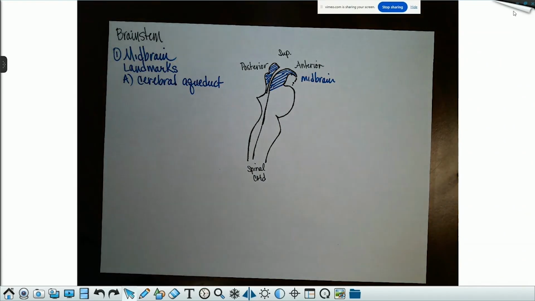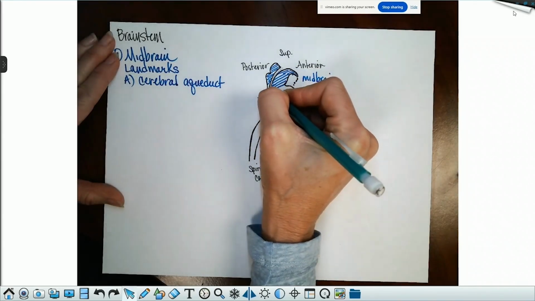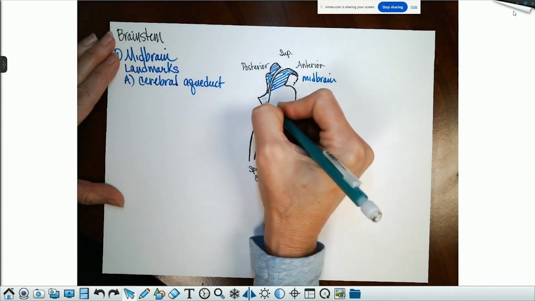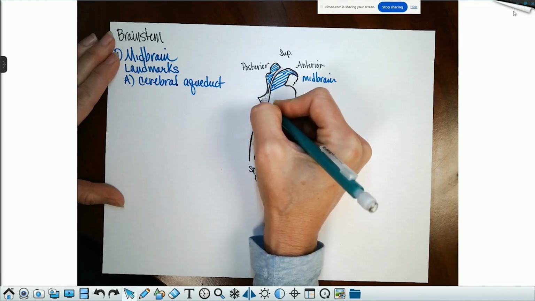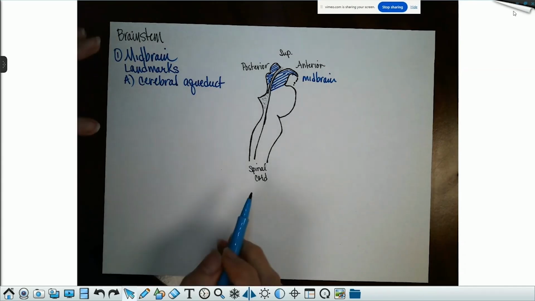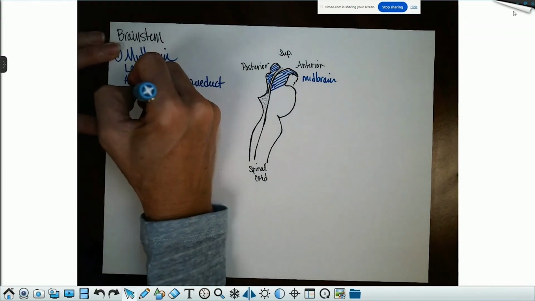So this is the cerebral aqueduct right here, and then this would be the 4th ventricle. And then from here, fluid is going to circulate all over around the outside portion of the brain, circulating within that area called the subarachnoid space. So that is one of your major landmarks. The other landmark is the colliculi.